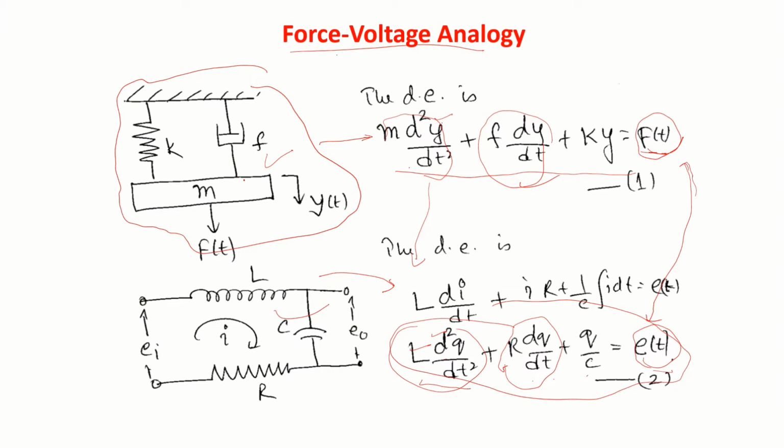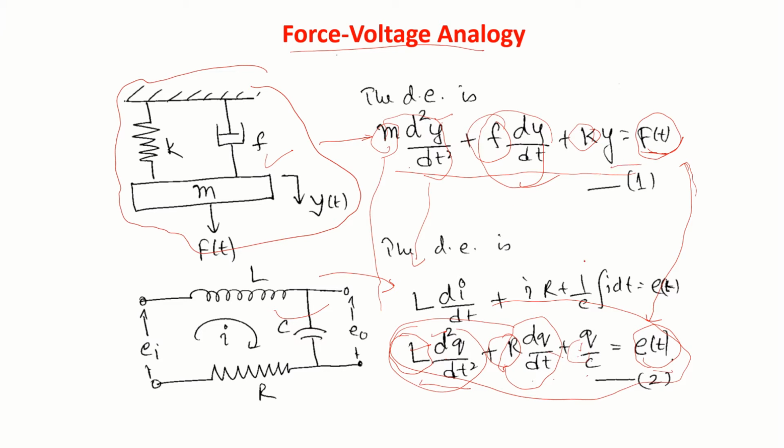So here you have mass, analogous to mass is inductance. Here you have damping, analogous to damping is resistor. Your stiffness, analogous to stiffness is 1 by C, the reciprocal of capacitance.